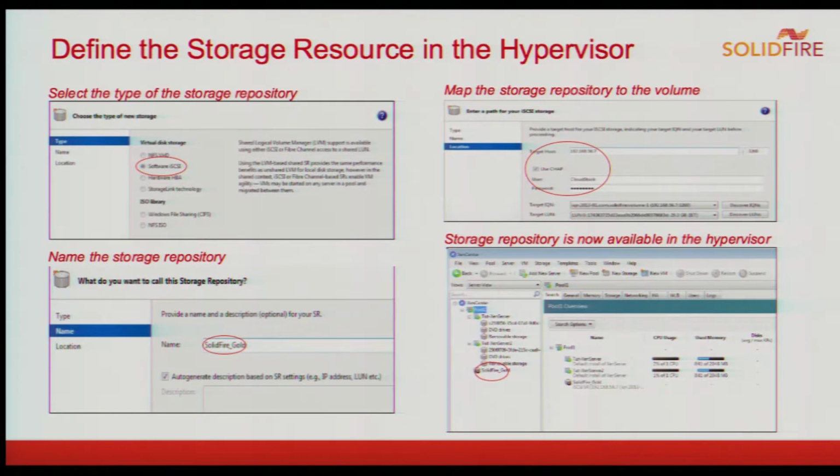So in our case, I've mentioned it's a collection of loosely coupled nodes. So what IP address am I talking about here? Well, in our case, we have a management virtual IP address, what we call an MVIP, and a storage virtual IP address. So when you send commands to the SAN like create a volume, take a snapshot, make a clone, they go to the management virtual IP address.